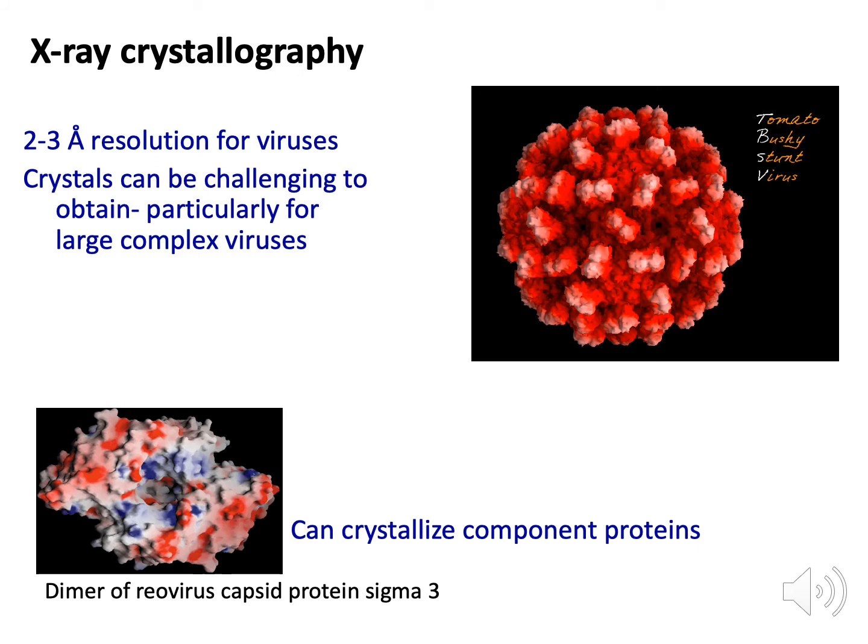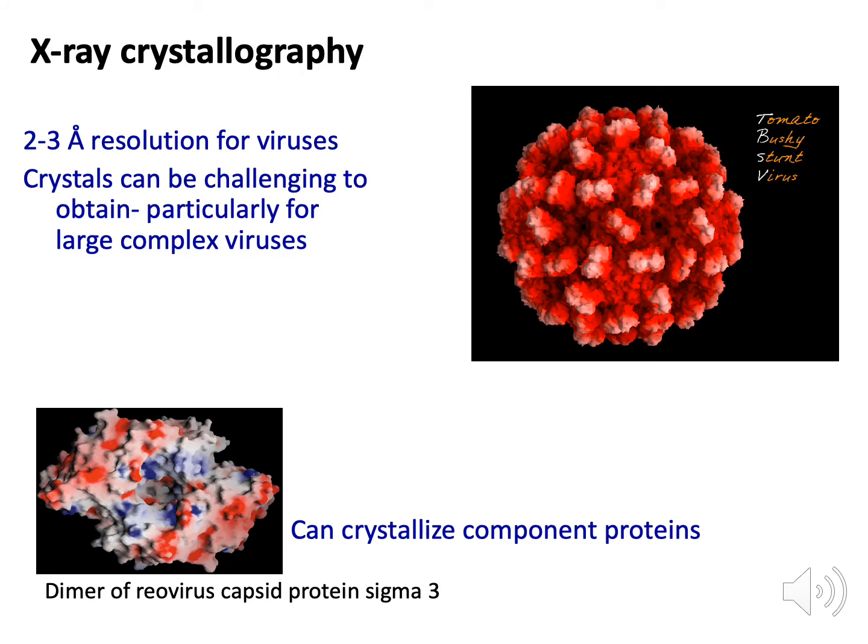So on the upper right of this slide, there's a small icosahedral virus, tomato bushy stunt virus, for which we have an X-ray crystallography solution. And then on the bottom left is one of the proteins, the outermost capsid protein of the reovirus particle.